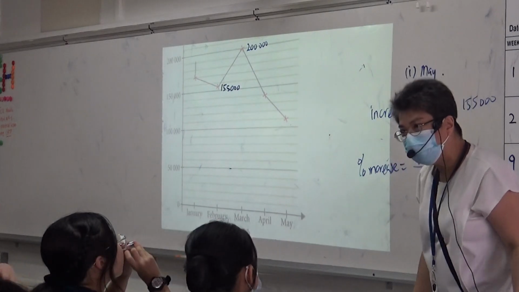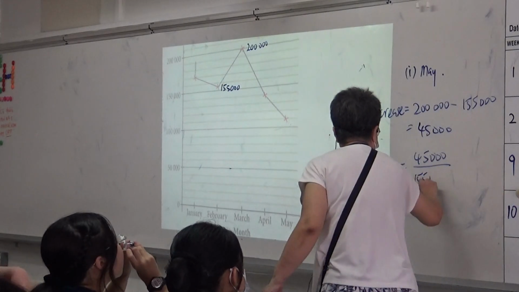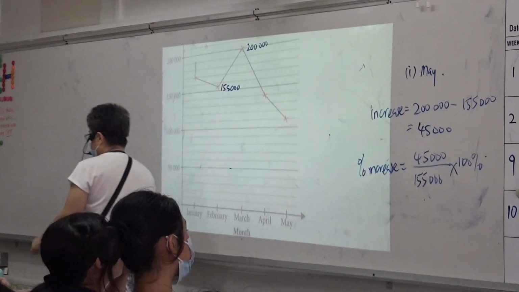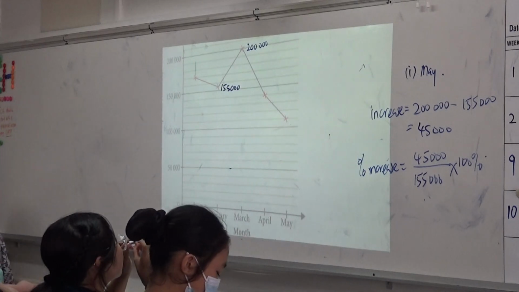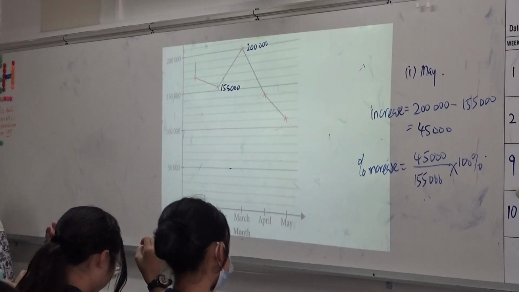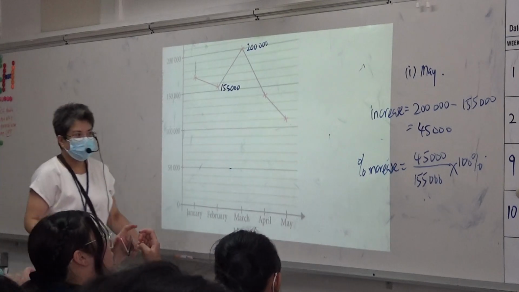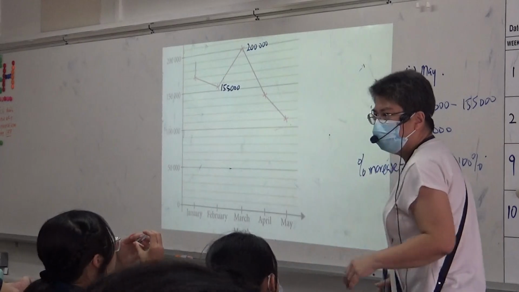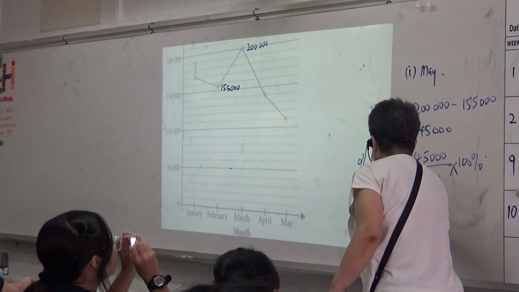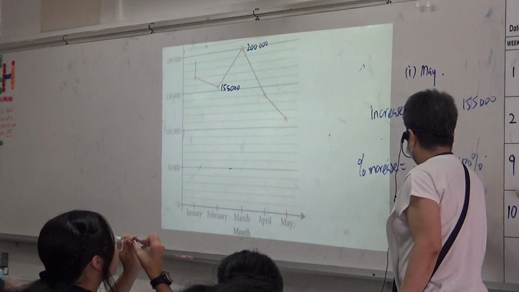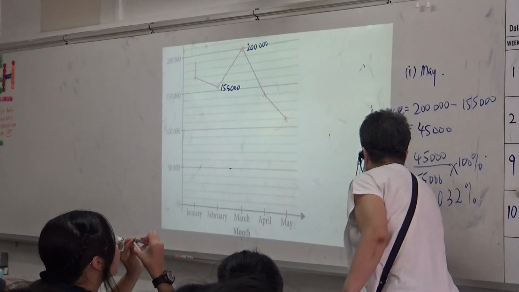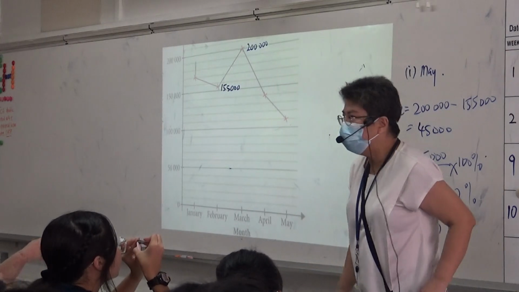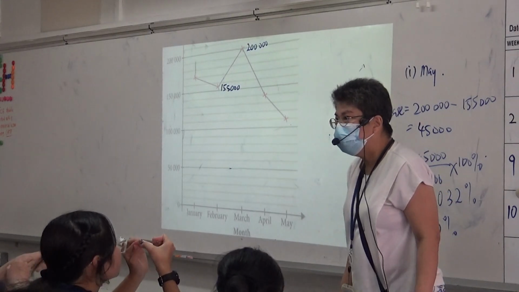So, which one? 155,000 times 100%. Okay? If you key in your calculator, can you tell me what the calculator gives you? 0%. Are we all clear? Yes, huh?